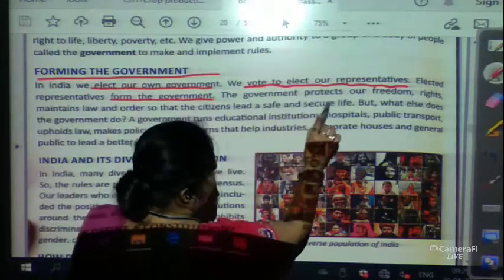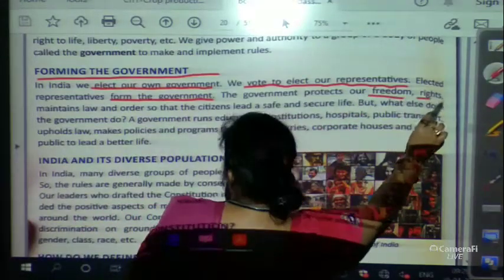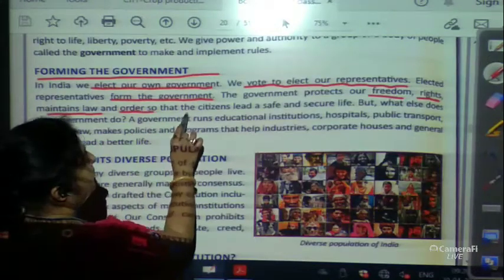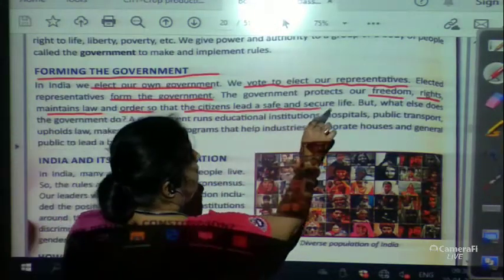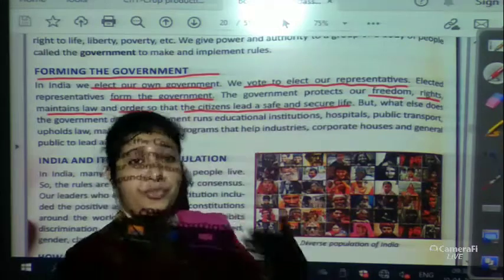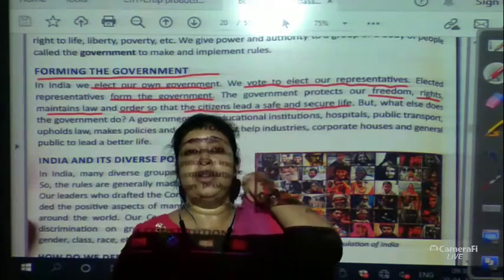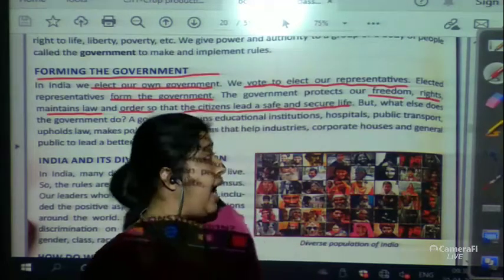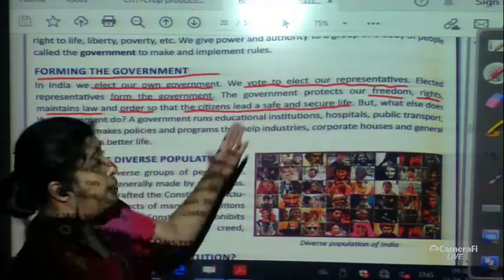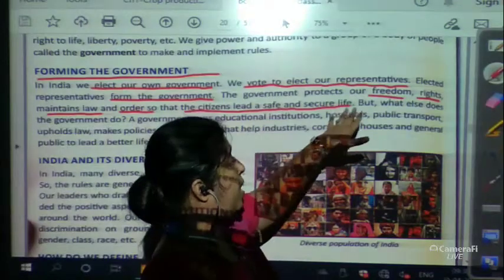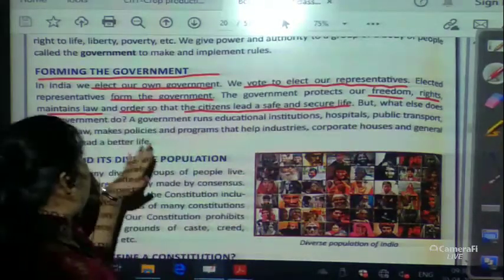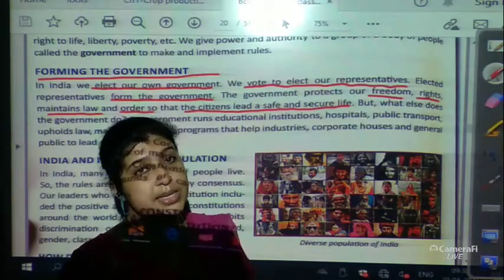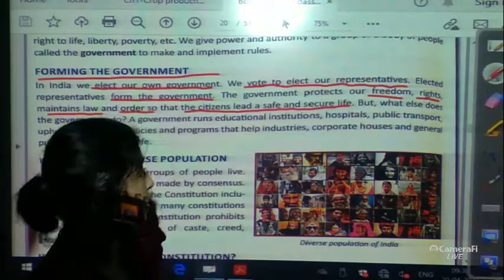The government protects our freedom, our rights, and maintains laws and order, so that the citizens lead a safe and secure life. So after we choose a representative, he or she is known as the government, and the government protects our freedom, our rights, our laws and order, and gives us a safe and secure life.